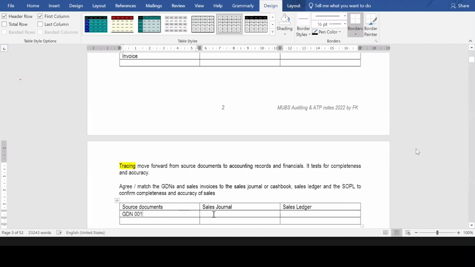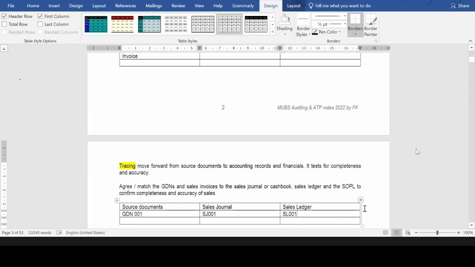Now we expect to find an SJ1 posting in the sales journal. We also expect an SL1 in the ledger.